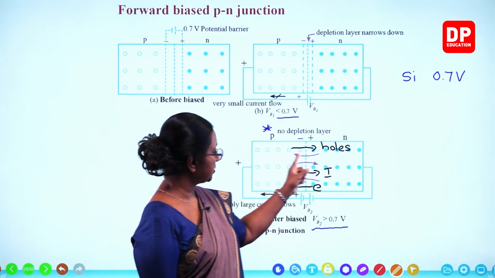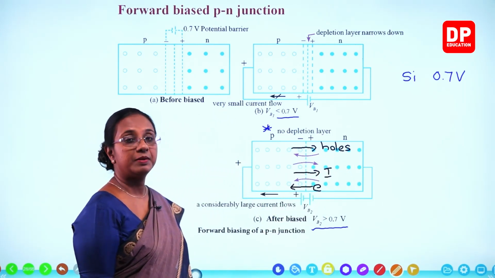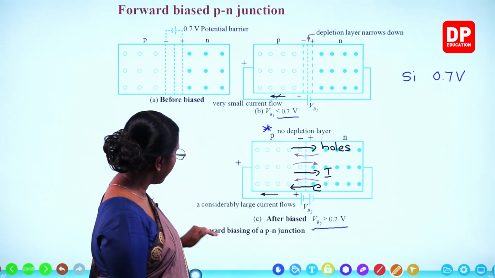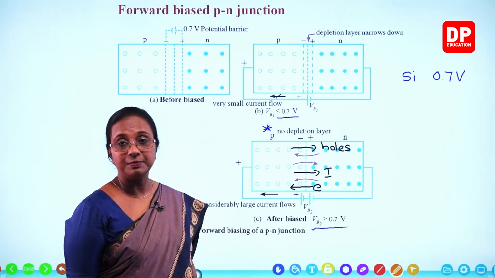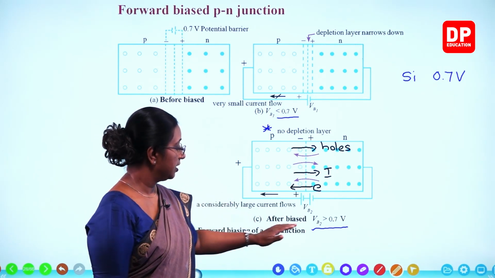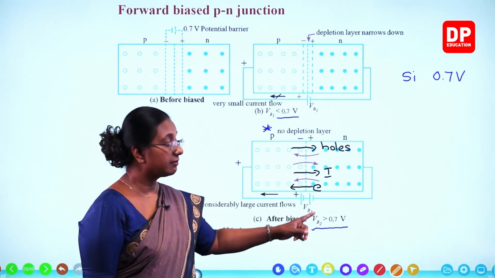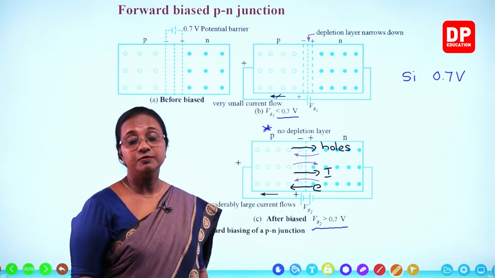Holes flow from positive to negative, P to N, and the current also flows from P to N. That is after forward biasing a PN junction. A considerably large current flows, after biasing, when the bias voltage is greater than 0.7 volts.